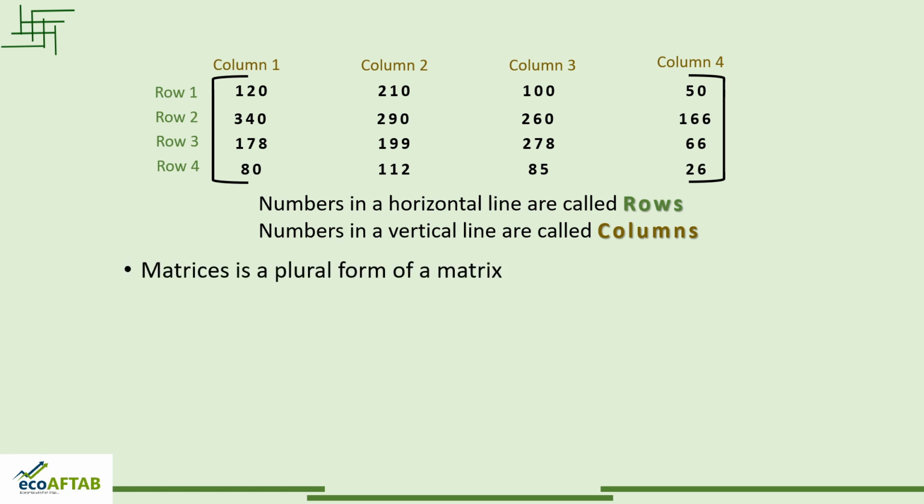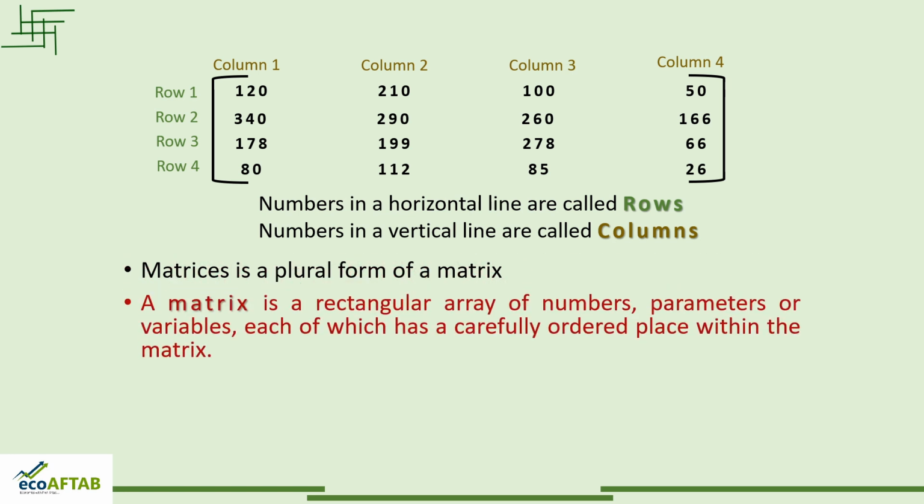Matrices is the plural form. The singular form is called matrix. So matrices is the plural form of matrix. Then what do we mean by matrix? A matrix is a rectangular array. So here it is a rectangular systematic arrangement of numbers.